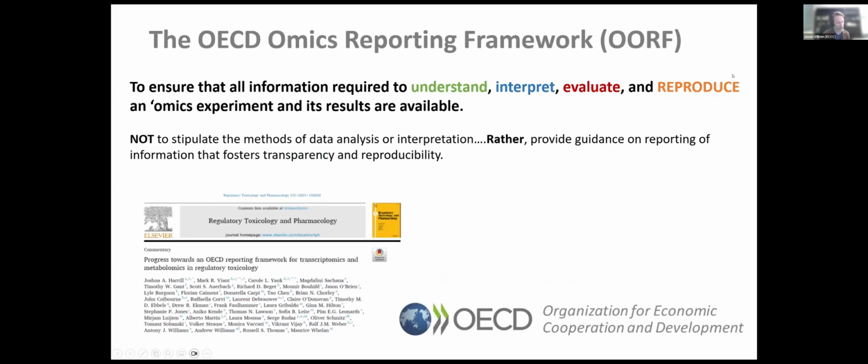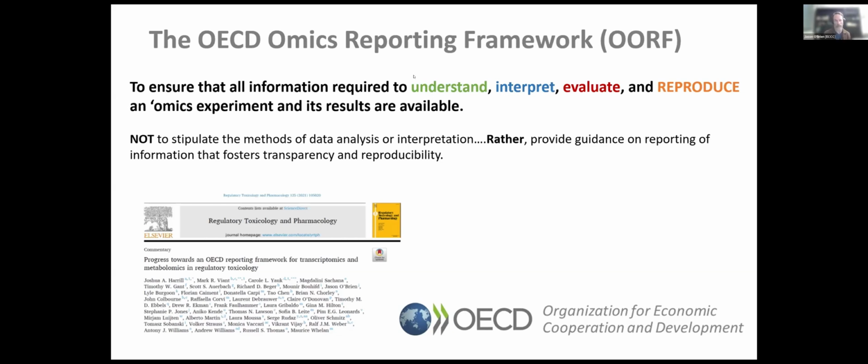In addition to describing standardized, reproducible pipelines for analysis, an important component of genomics research is reporting. A lot of the times in the literature, it's hard to recreate an analysis based on just what's reported in a paper.